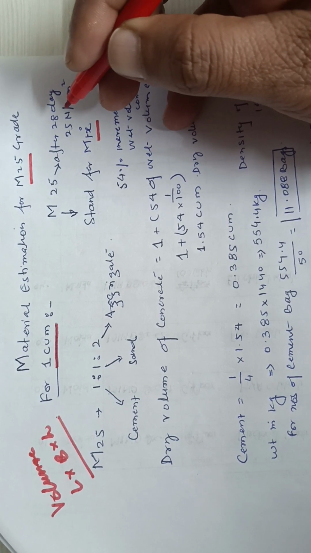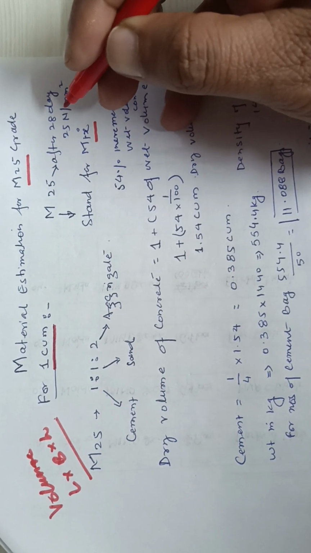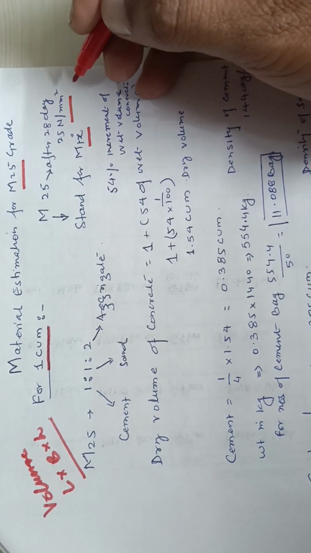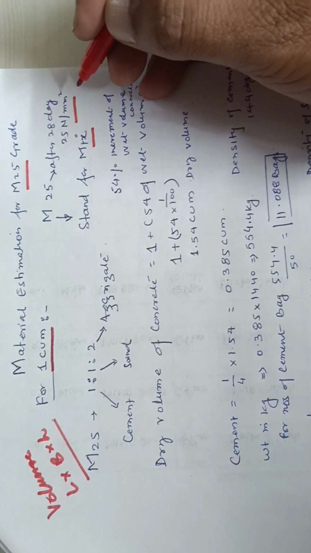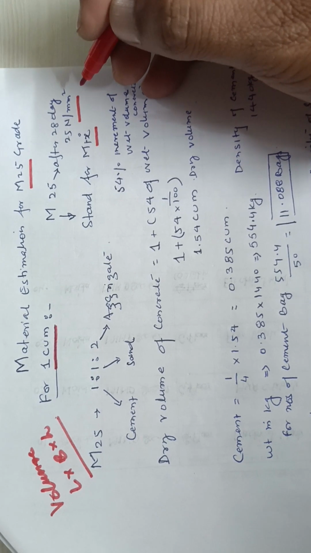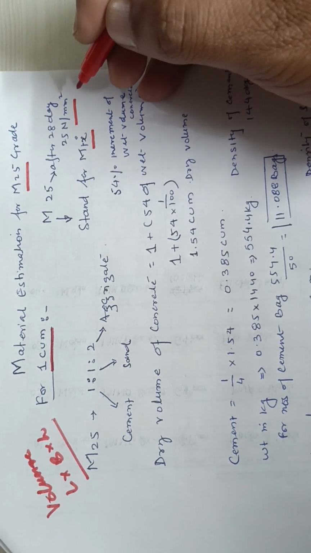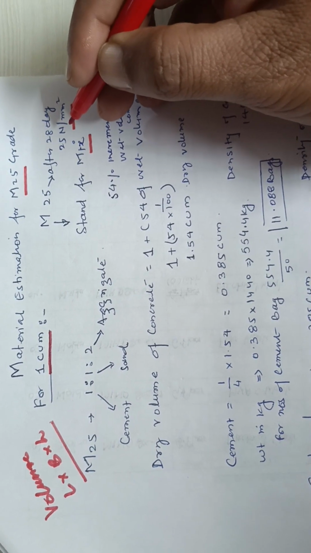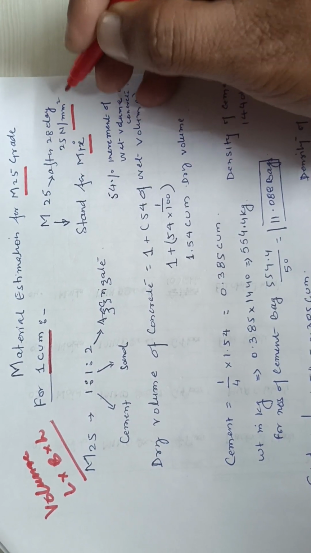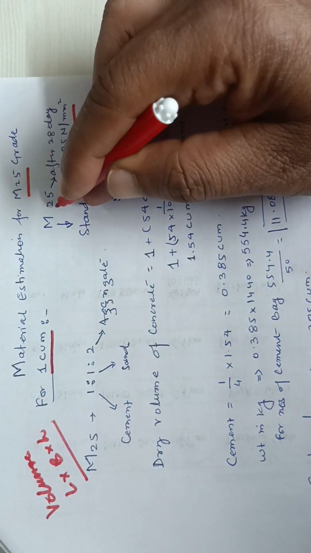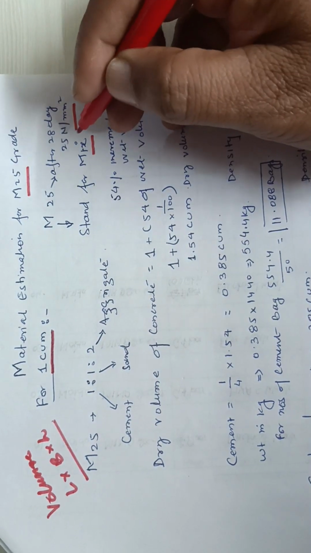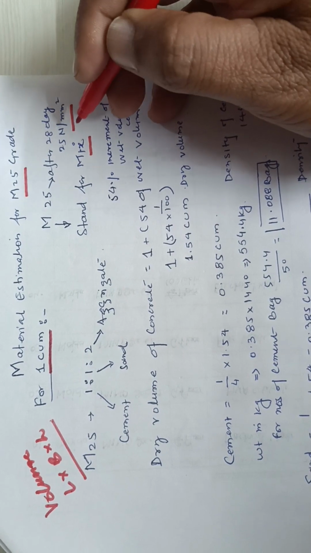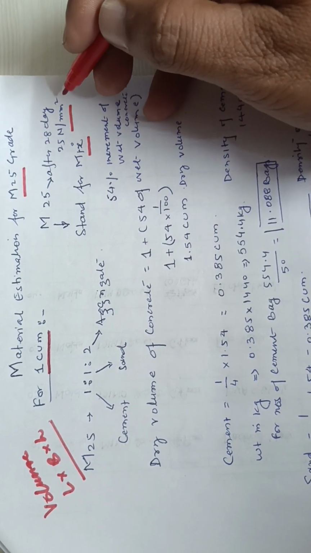After completion of 28 days, we should get 25 Newton per mm square compressive strength. Concrete gives us compressive strength and steel gives us tensile strength, right? So we need 25 Newton per mm square. Till here is clear: M stands for mix, 25 is the grade, and after 28 days we need 25 Newton per mm square.